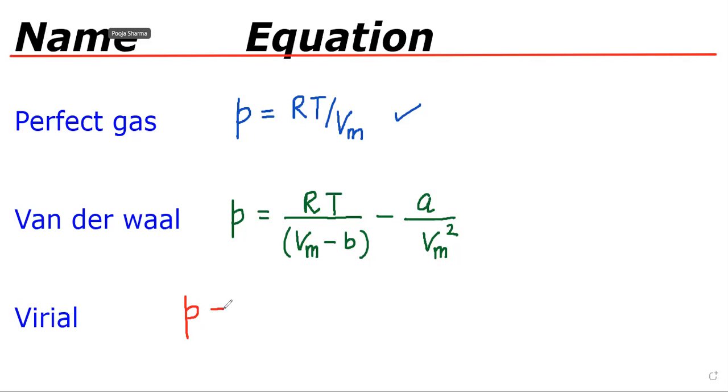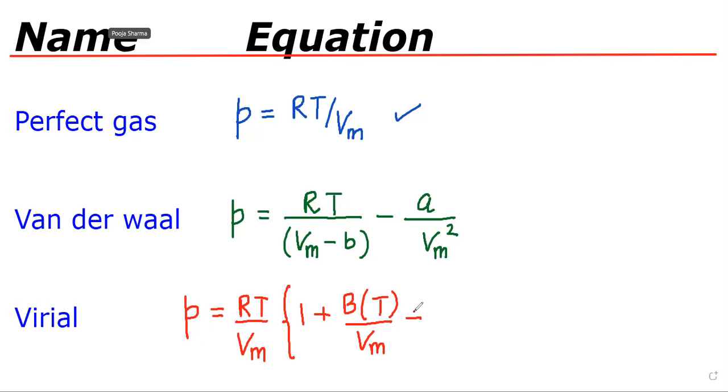Generally we express this like this: P is equal to RT divided by Vm, so this much is like the perfect gas, and then there is a bracket starting with 1, and there's a second virial coefficient B, which depends on temperature, divided by Vm, and then the third virial coefficient C, which also depends on temperature, divided by Vm square. So this is the virial equation, used to generally get the Boyle temperature.